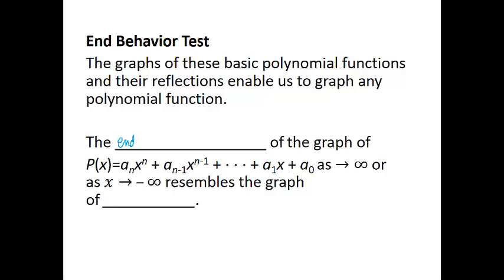The end behavior of the graph of a polynomial function, p of x equals a sub n x to the n plus all the way to a sub 1 x plus a sub 0, as x approaches infinity or as x approaches negative infinity, resembles a graph of that basic power function p of x equals a sub n x to the n. So knowing this end behavior of those basic power functions will get us the general shape of the graph of a more complicated polynomial function.